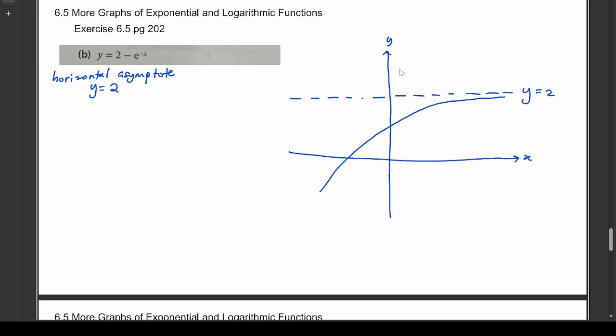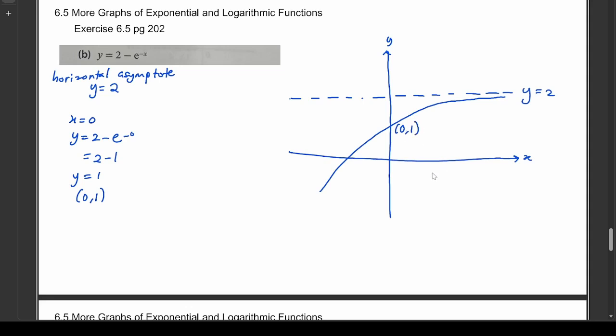Because if you cut at the y-axis, your coordinate x is 0, right? So you sub in, which is basically e to the power 0, which is basically 1, right? So you have 1 point at 0, 1.